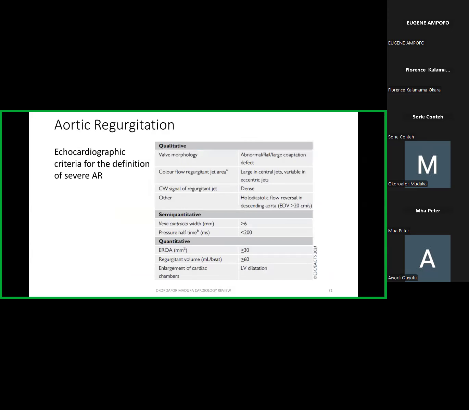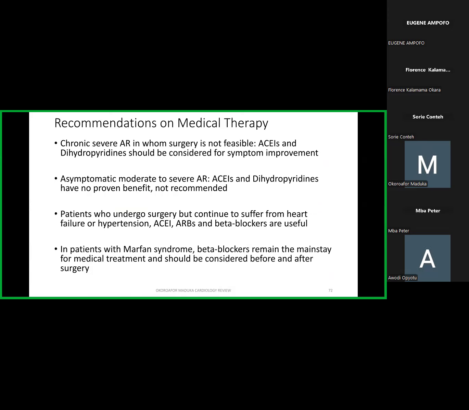For echocardiographic regurgitation, if you look at the quantity, effective regurgitant greater than 30, severe. If the regurgitant volume is greater than that, if a patient has enlarged cardiac chambers, it can also suggest severe aortic regurgitation, in whom surgery is not indicated, ACE inhibitors and dihydropyridines should be considered.